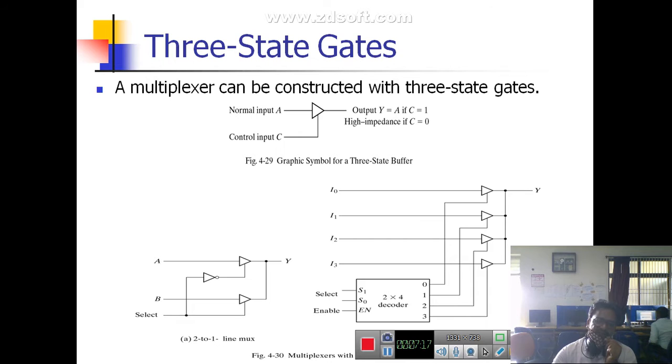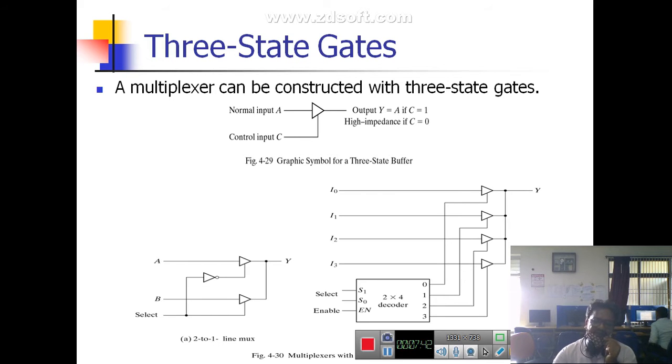Here between B and A we are using the NOT gate. Based on the operation of the NOT gate, if the input is 0, the output will be 1, so A will be active. The A gate has an active high enable input, so at that time the output is Y equals A.